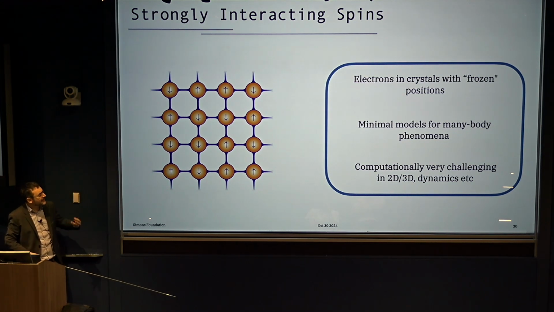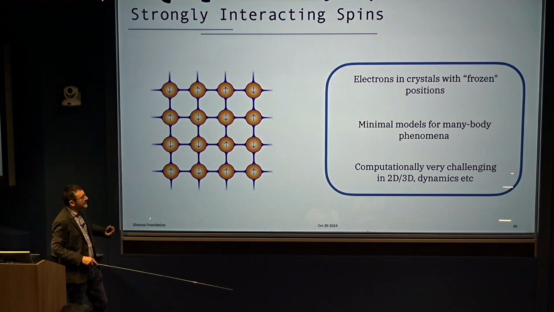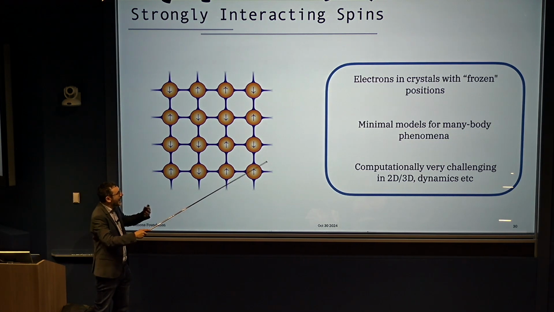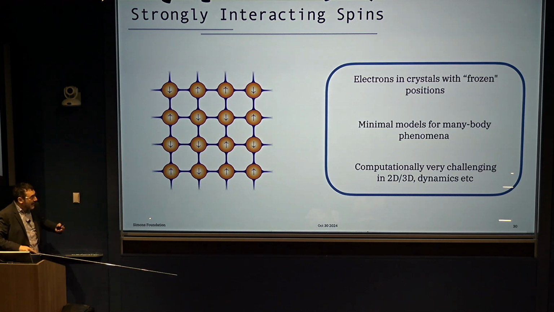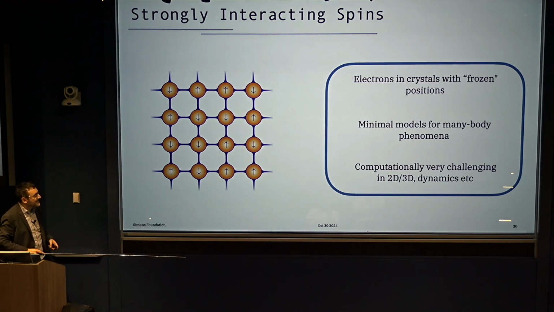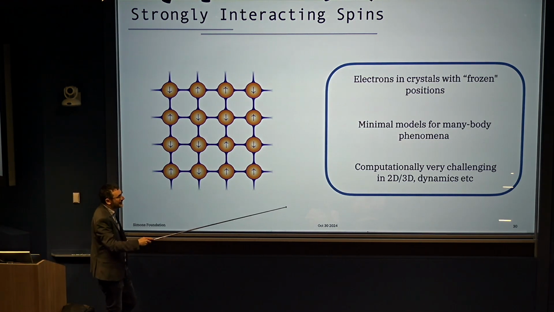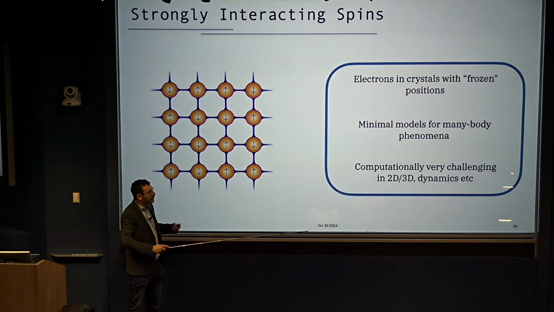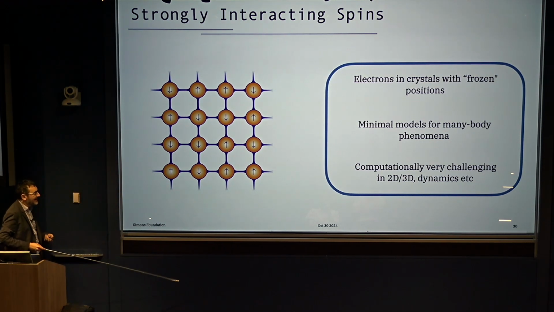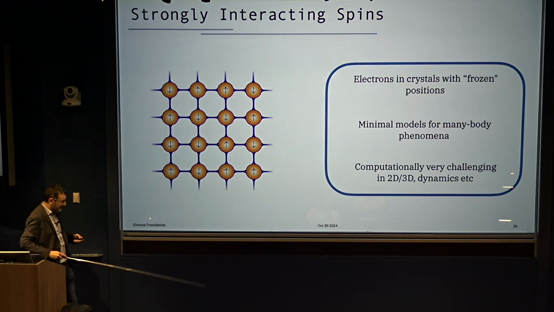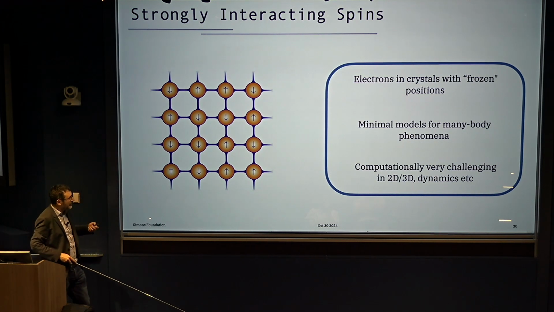These are very important models because they allow you to have a minimal description of why some materials are magnetic, for example, or not. However, despite their apparent simplicity, these kinds of models are very challenging to solve in, for example, 2 and 3 dimensions, and existing techniques typically struggle to provide exact solutions to them.